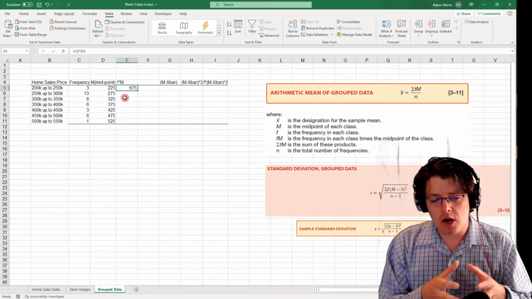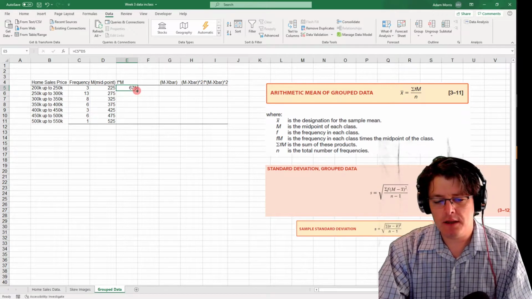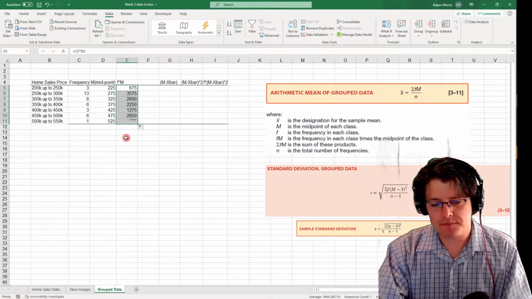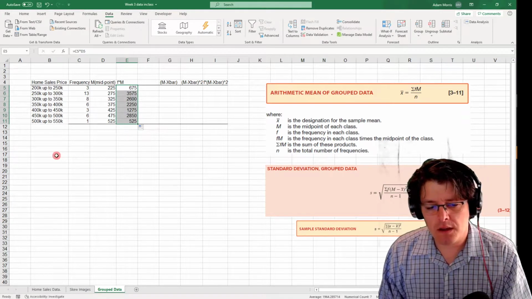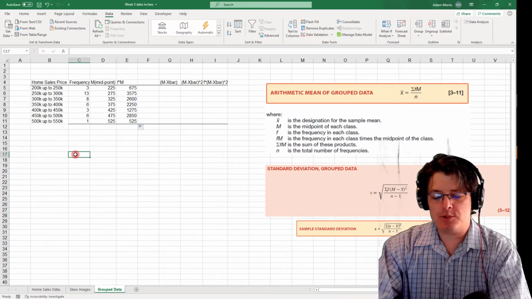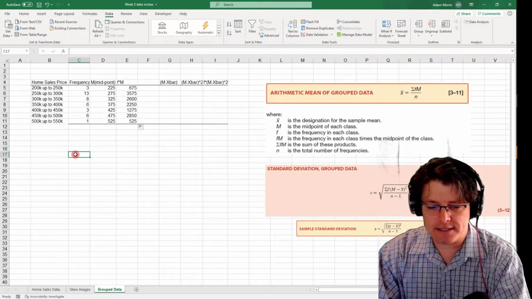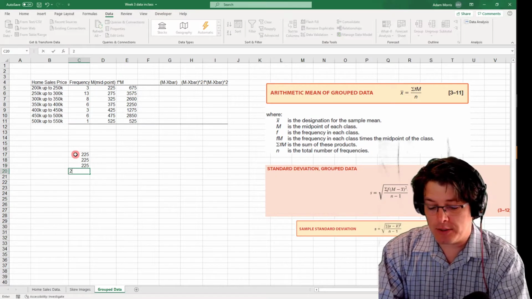Right? And so because there's 3 of those, they total to 675. Let's go ahead and drag that down. And that's going to do that for each of those pairs. We could, in some sense, reorganize this and get rid of this whole frequency business and just write them all out.